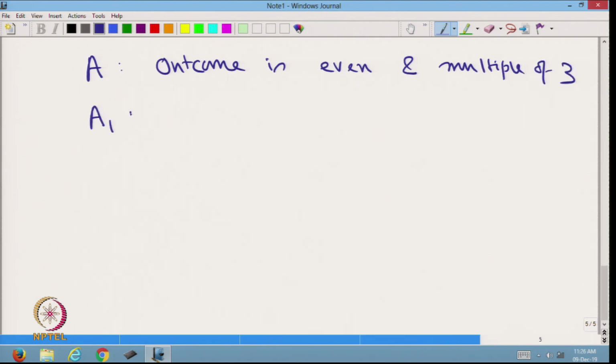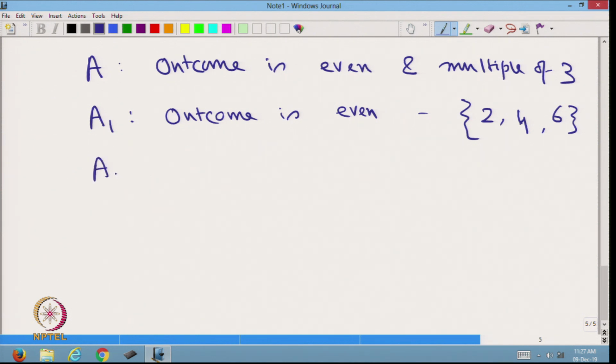Let A1 be the event, outcome is even, which means essentially 2, 4 and 6, and A2 the event, outcome is a multiple of 3.